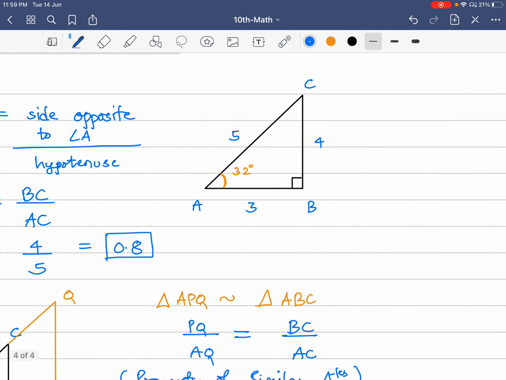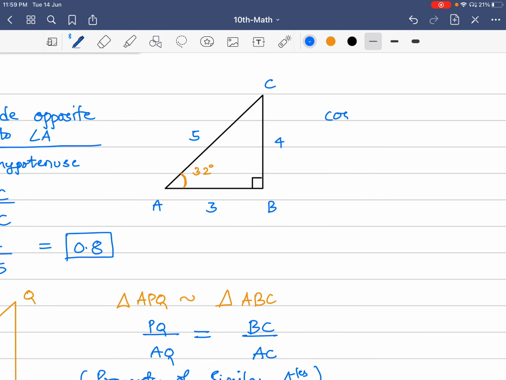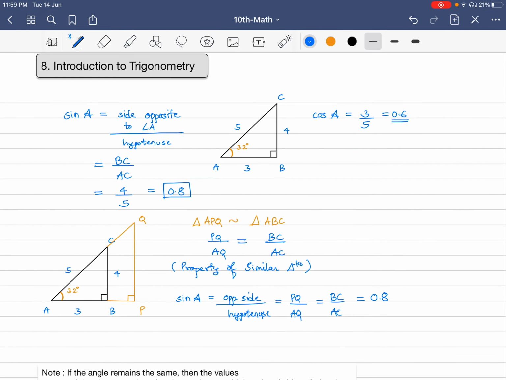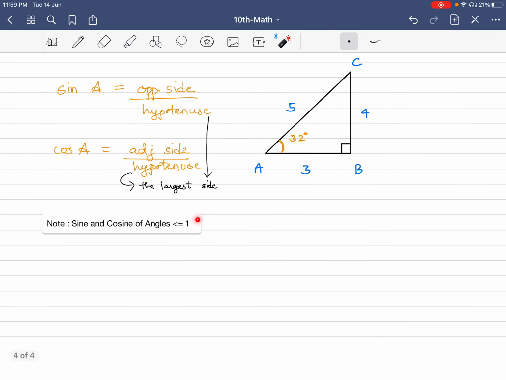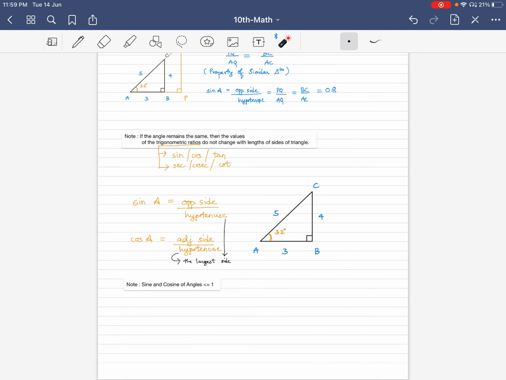Let's zoom in and find cosine of A. Cosine of A will be equal to 3 divided by 5, which is equal to 0.6, also less than 1. So both sine of A and cosine of A in any triangle are going to be less than or equal to 1. This is the second property that we wanted to discuss with respect to trigonometric ratios. So these are the two properties, and they are very important when it comes to trigonometric ratios.